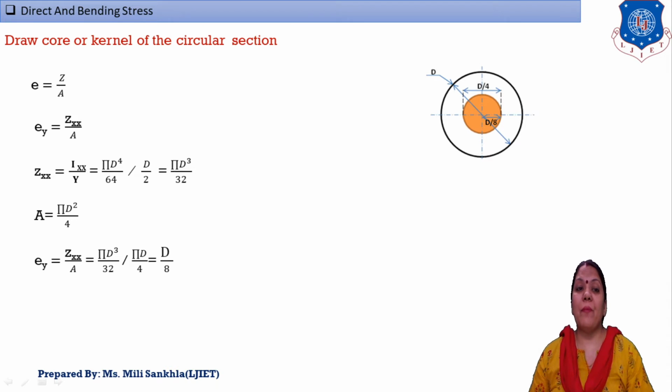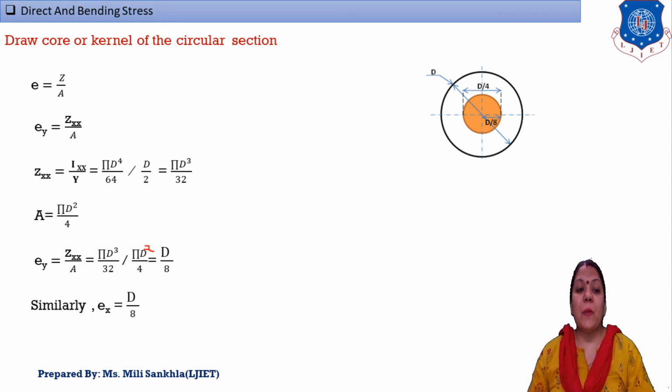Now what is Ey? Simply put in the values we found. Section modulus is pi D cube by 32 and area is pi D square by 4. After dividing numerator and denominator, our answer is D by 8. Simply mention here: pi D cube by 32 divided by pi D square by 4 is equal to D by 8.